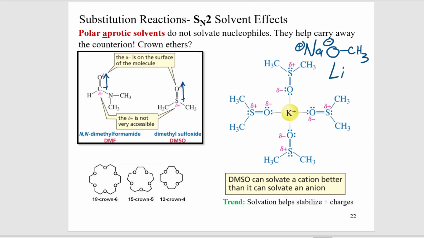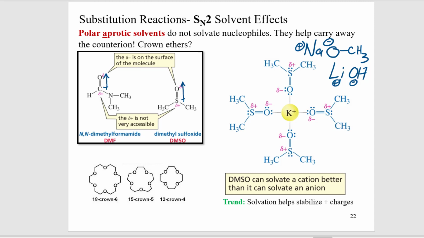Maybe I buy lithium hydroxide, right? But the lithium is plus, the OH is minus. I don't buy OH minus. I buy lithium hydroxide or sodium hydroxide or potassium hydroxide. These ionic interactions can also detract from the nucleophile doing what it wants to do.